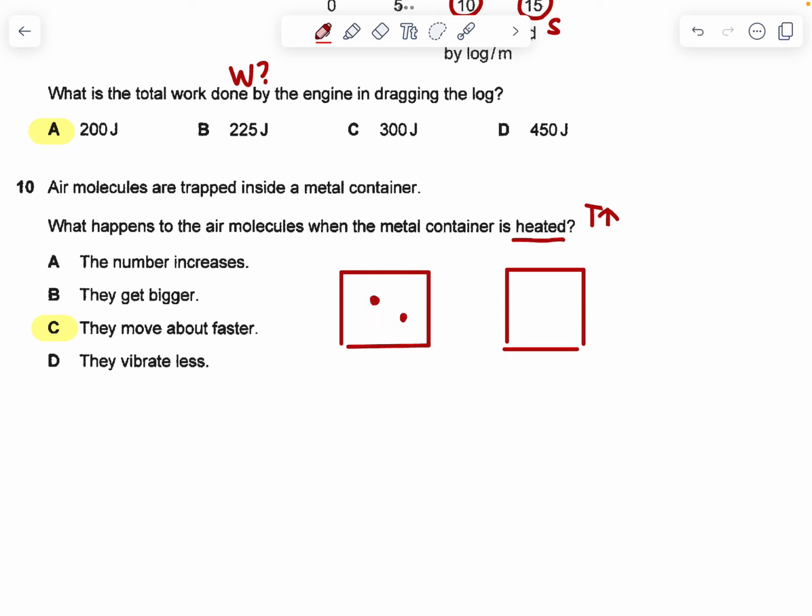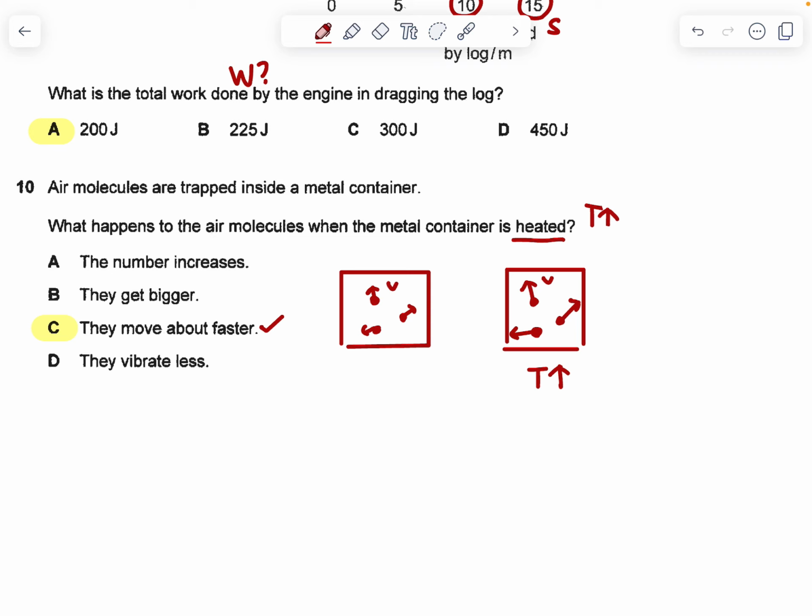So before and after, same 3 molecules of gas. Initially, the velocity is small, but after it's heated, velocity is larger. Okay, so then they move faster.